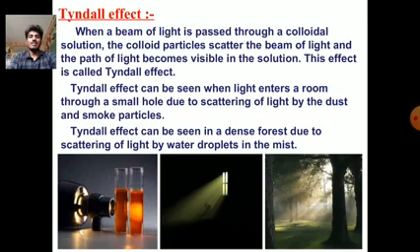The Tyndall effect can be seen when light enters a room through a small hole due to the scattering of light by dust and smoke particles. The second image shows this concept. The Tyndall effect can also be seen in a dense forest due to the scattering of light by water droplets in the mist. The third image shows this.